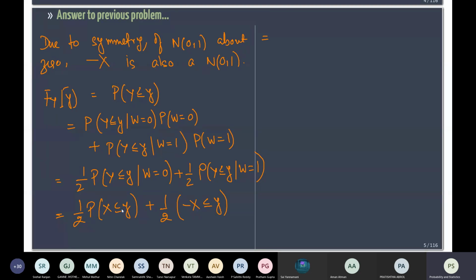So this will be phi of y. This is like standard normal, right? So remember standard normal, the CDF values are given by this phi function, right? Which are tabulated. In general, we don't know the closed form, but the tabulated values are there. And minus X is also standard normal, so it follows exactly N(0,1). Okay, so this will also be phi y again.